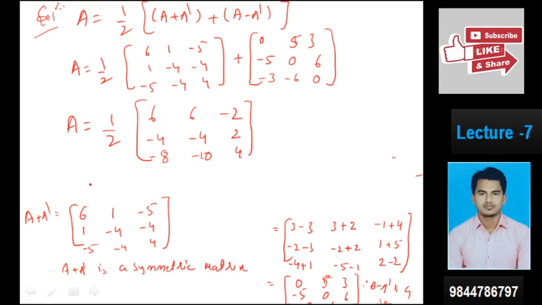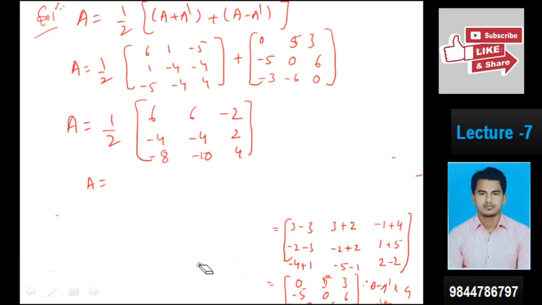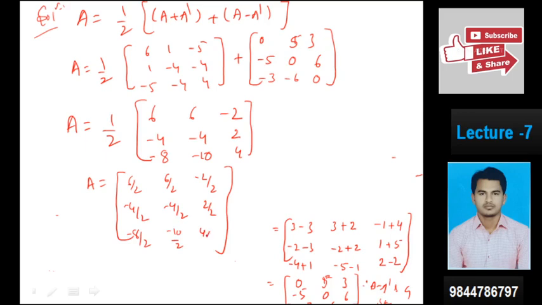If we are going to divide by 2, what is the value? 6 by 2, 6 by 2, minus 2 by 2, minus 4 by 2, minus 4 by 2 and 2 by 2, minus 8 by 2, minus 10 by 2 and 4 by 2.